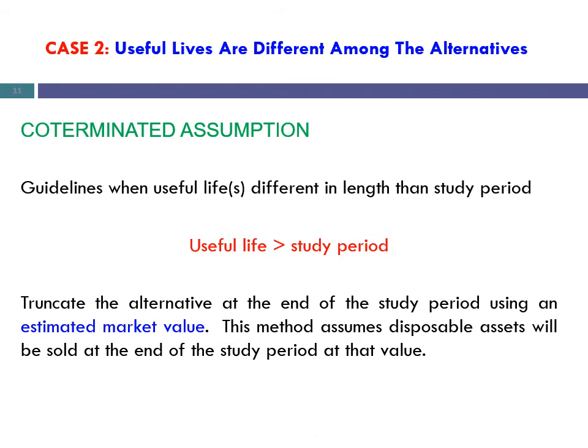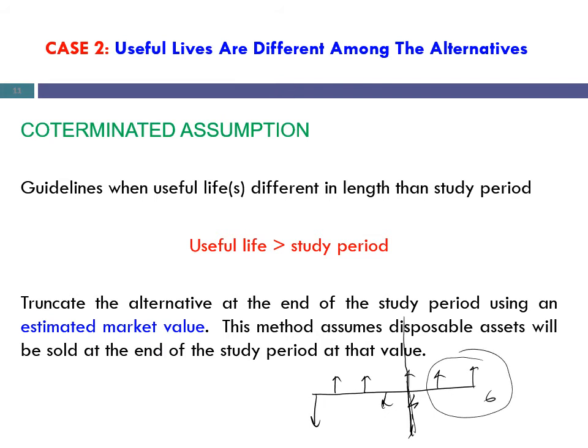So what does it mean? Assume that there is such a project cash flow. I don't know, there are revenues, expenses, etc. Let's say that this is for 6 years, but the study period is 4 years. It means that the project will end here at time 4, the end of the study period. So what will happen to the remaining part?